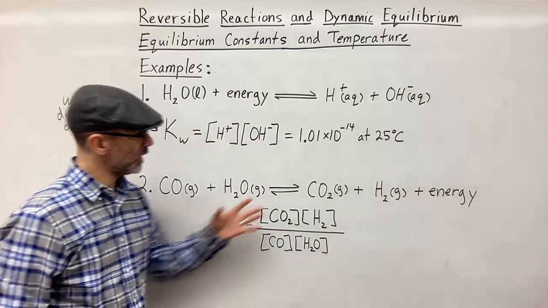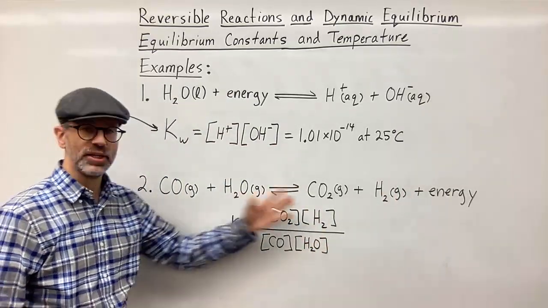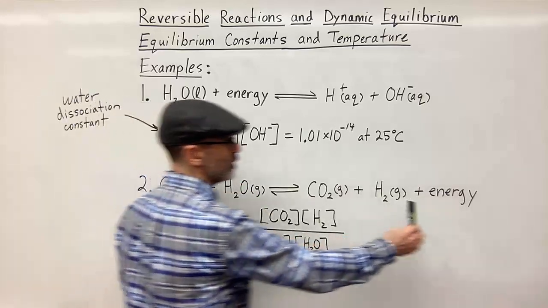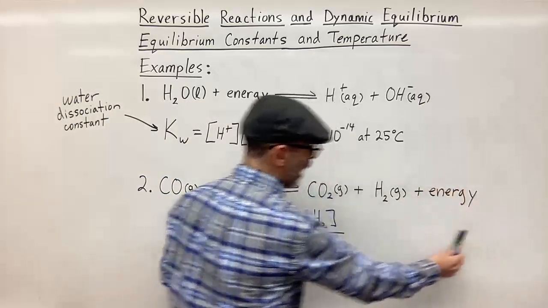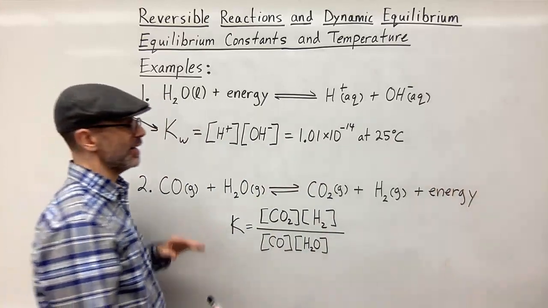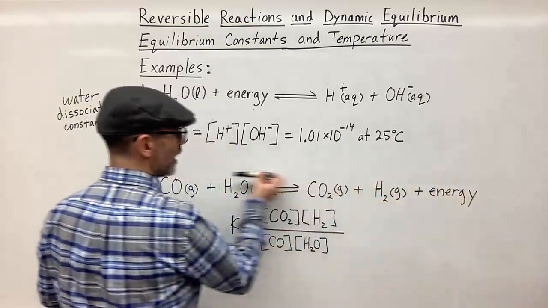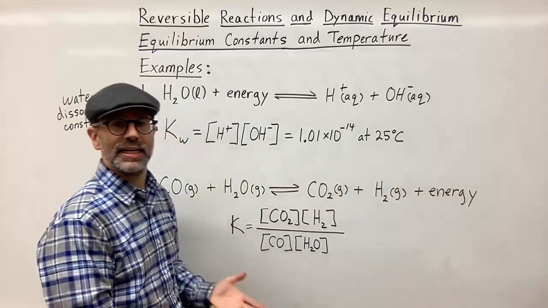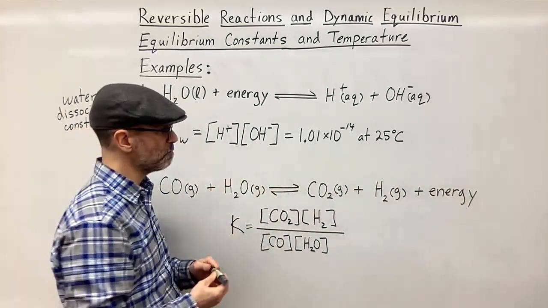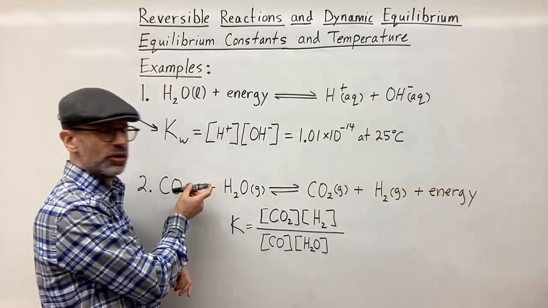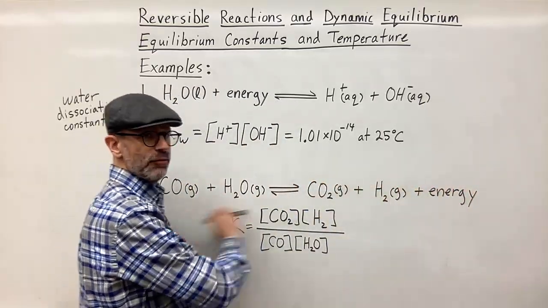Now, here's the K expression for this reaction here. You'll notice that energy is on the product side, so that means it's exergonic going this way, endergonic going this way. So in this case, if I raise the temperature, then the reverse reaction is going to be favored more than the forward reaction.